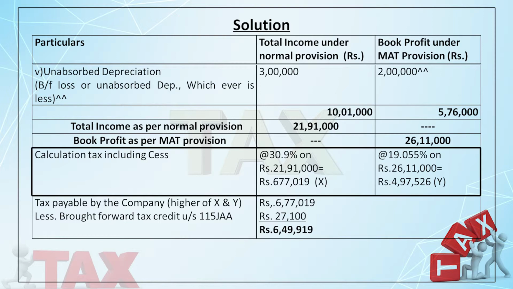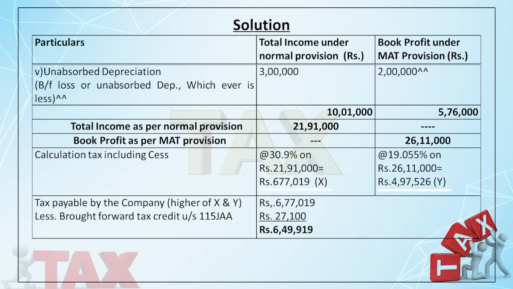What the provision says, as per the provision of the Income Tax Act, is that the company is liable to pay the higher of the tax liability computed under normal provision and the tax liability under MAT provision.